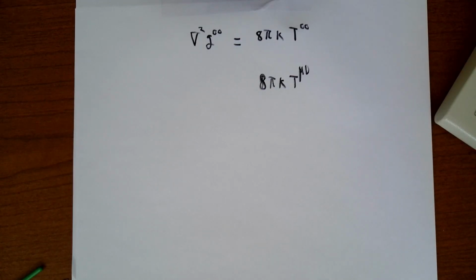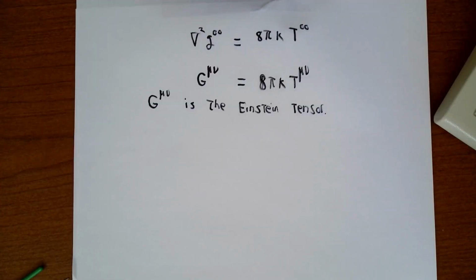We're going to make up a name for this tensor. We're going to call it capital G. The field equations will be capital G mu nu equal 8 times pi times Newton's constant times the mu nu component of the stress energy tensor.